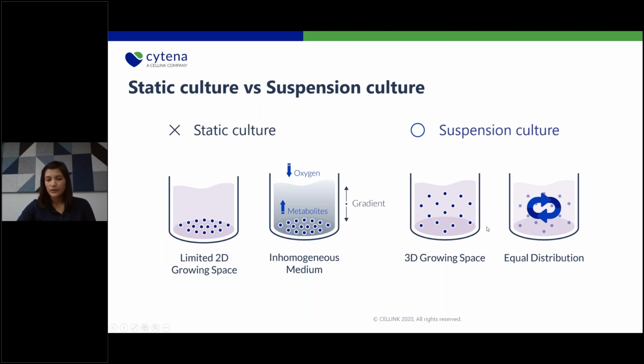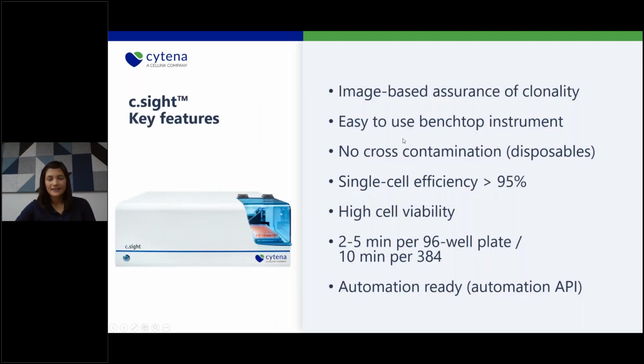And actually we saw in our own experiments that the C.SIGHT provides better cell growth for suspension cultures than having a static culture. So this was just a short part about the C.SIGHT.